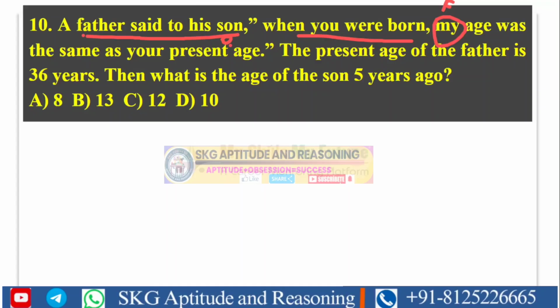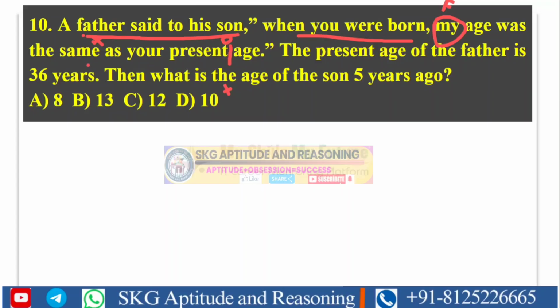Suppose after some x years, the son's age will be x years. If we assume the present age of the son is x, the father's age when the son was born is also x years. Next, the present age of the father is 36 years.